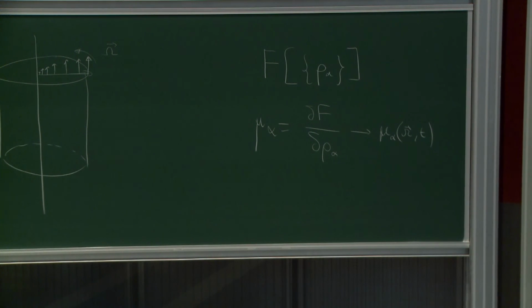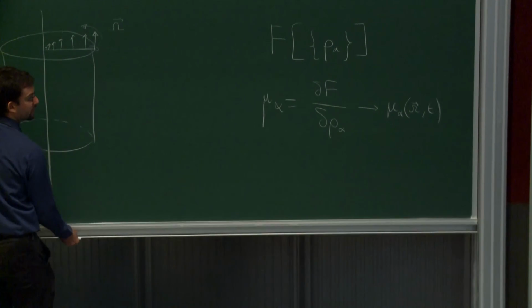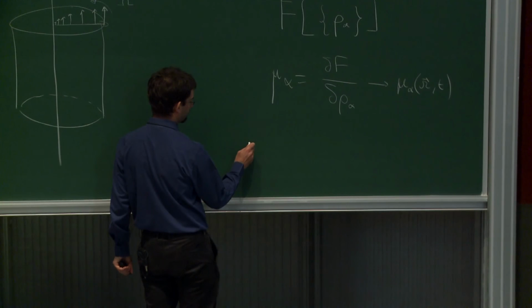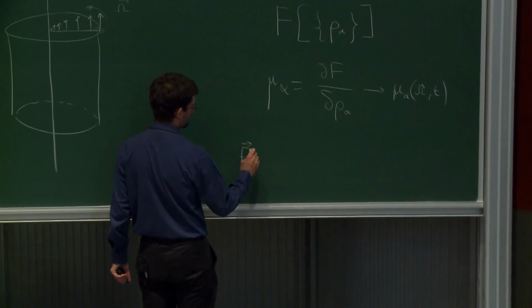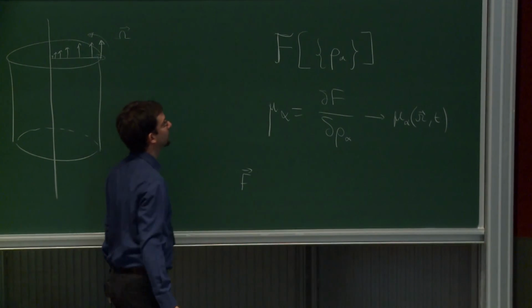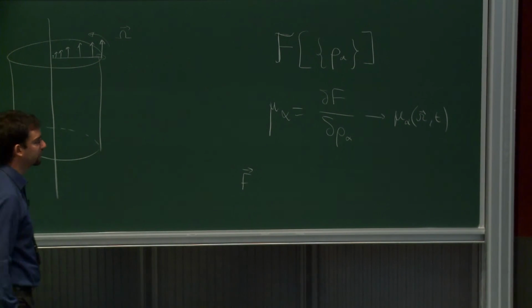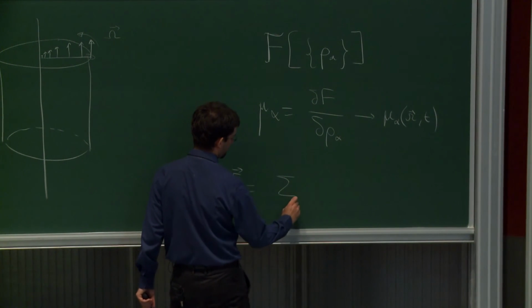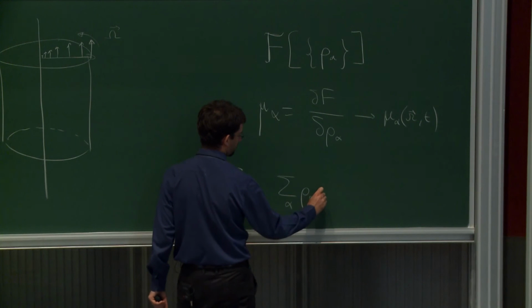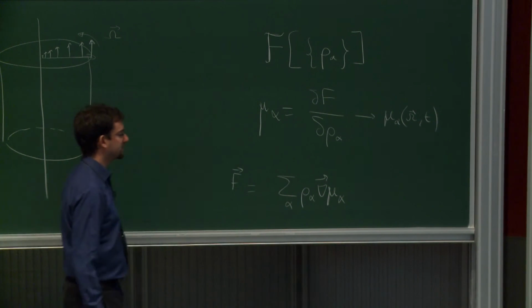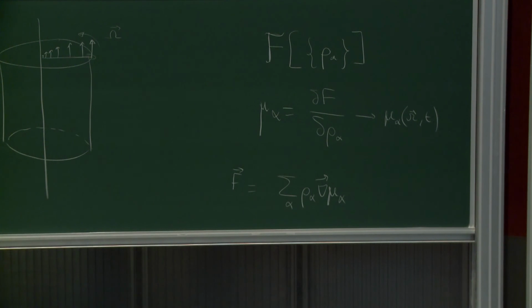And once you know the local chemical potential, you can compute the force acting. So let me use a different F for the free energy and for the force. You can compute the local force based on the local chemical potential gradients.